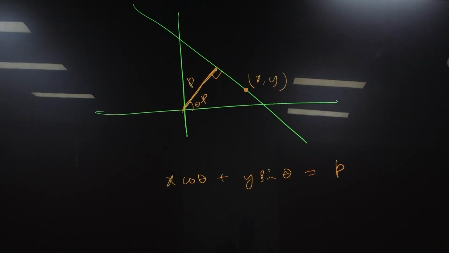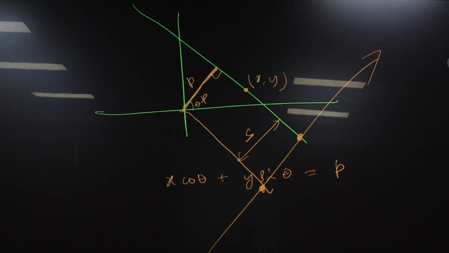So what we are doing is taking this axis, let's say you are at 0 here, so this distance is s. Now we are saying x cos theta plus y sine theta minus p, or minus s.